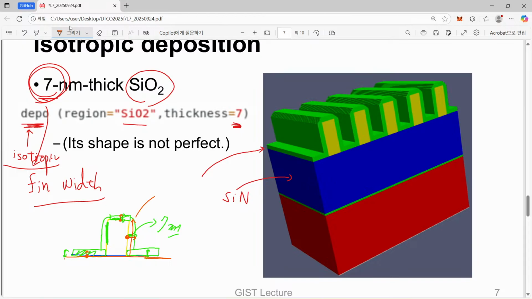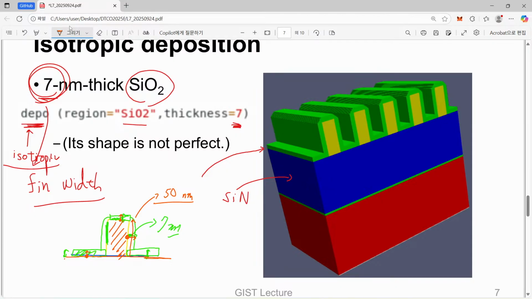The height is almost close to that of this mandrel layer. The mandrel layer was deposited with 50 nanometer. So we will have a sidewall layer whose height is roughly 50 nanometer and whose width is about 7 nanometer.